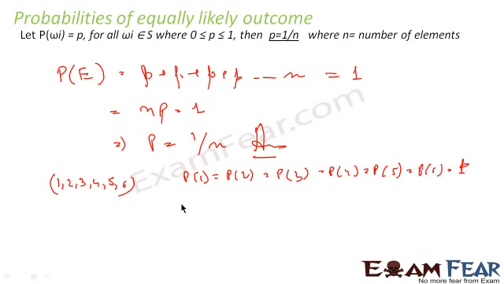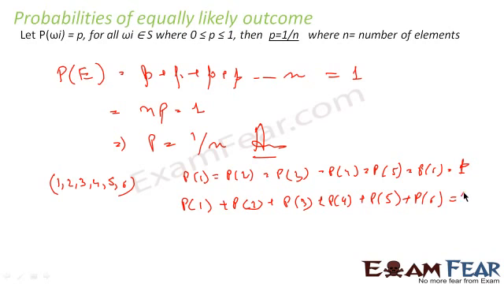Now when I add all these probabilities, P of 1 plus P of 2 plus P of 3 plus P of 4 plus P of 5 plus P of 6, it should give me 1. Why?